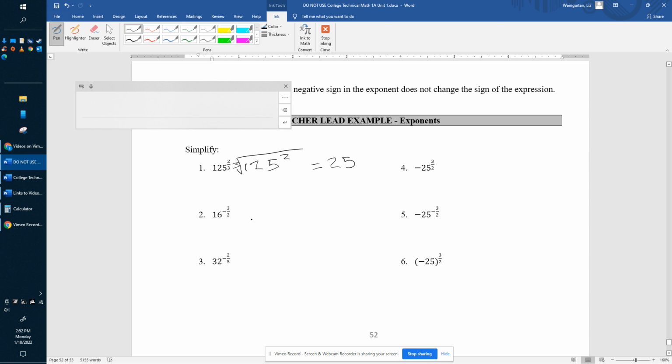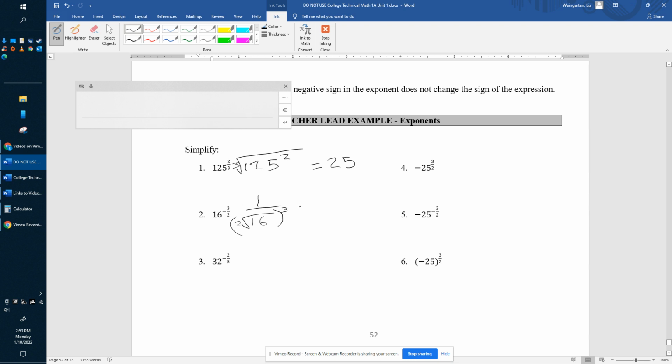How about 16 to the negative 3/2? It's the negative 3/2, so it's going to go in the denominator. I'm going to try it this way this time. I'm going to take the square root and cube it. Like I said before, it doesn't matter if the cube goes inside the square root or outside.